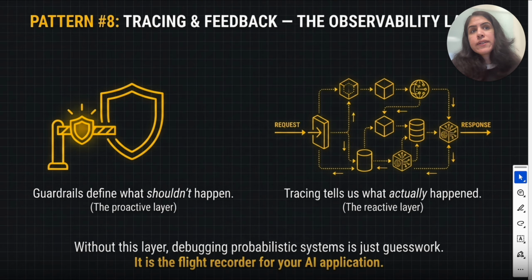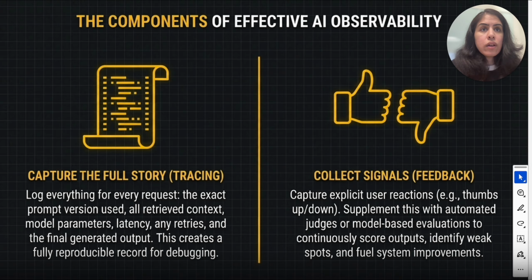The final governance pattern is tracing and feedback. This is your observability layer. If guardrails define what should not happen, tracing tells you what actually happened. They capture the full story of every request: prompt version, model used, retrieved context, latency, output, retries, escalations.